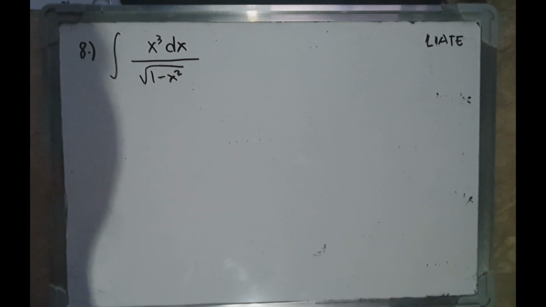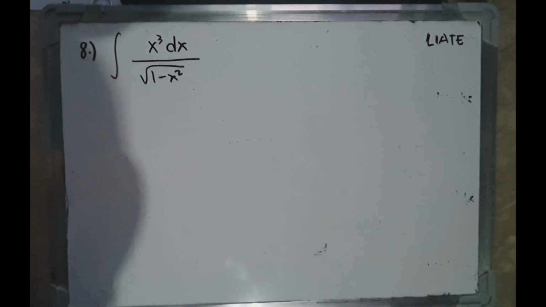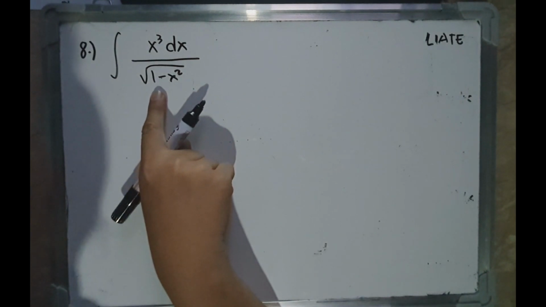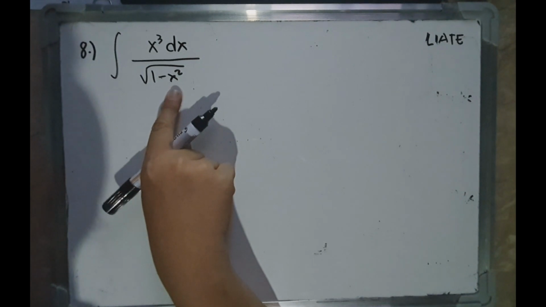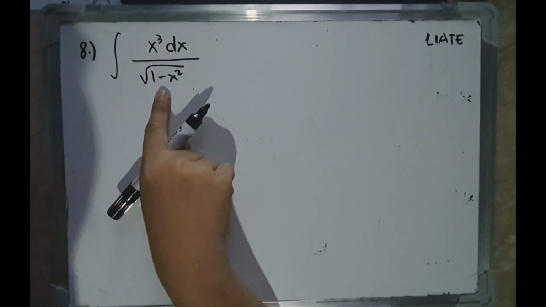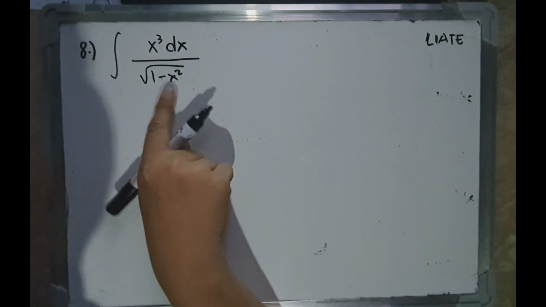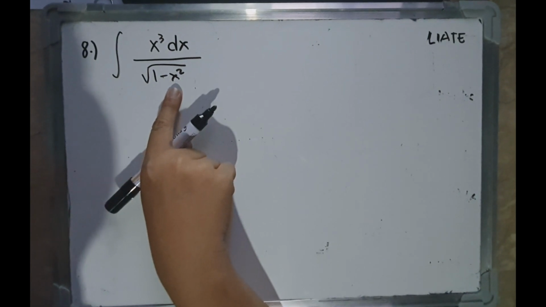Okay, let's evaluate the integral of x cubed dx whole over the square root of 1 minus x squared. Now, notice if we have 1 minus x squared from the denominator, the numerator, if we assign this one as u from our previous topic, the derivative of x squared is negative 2x dx.